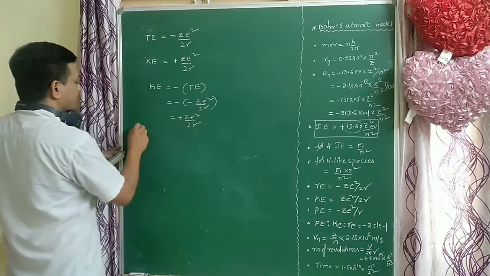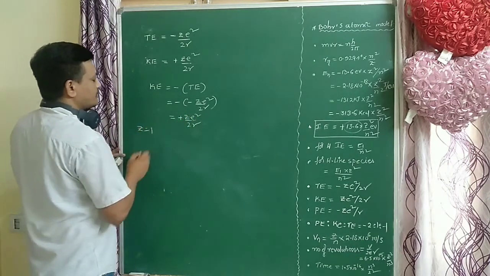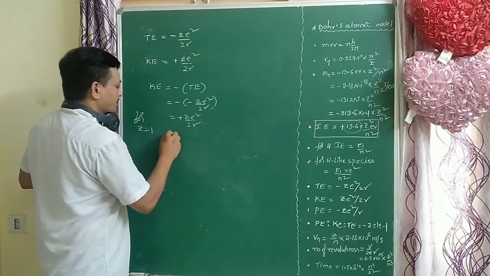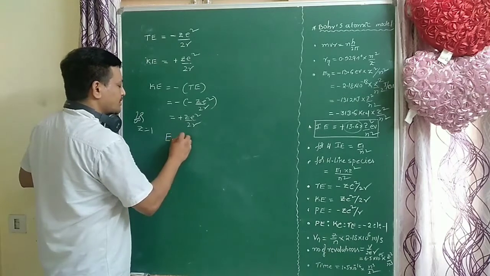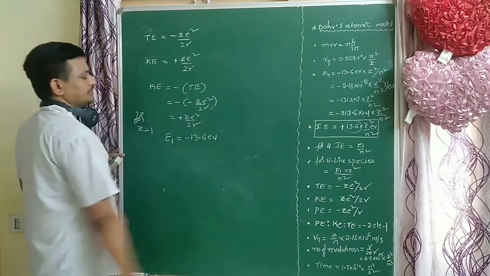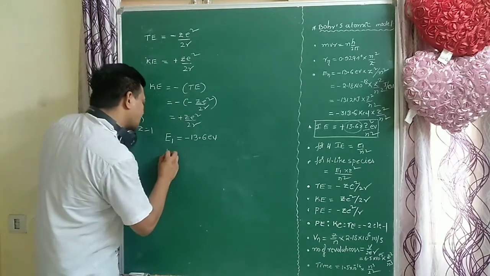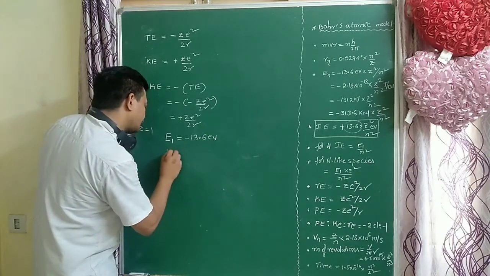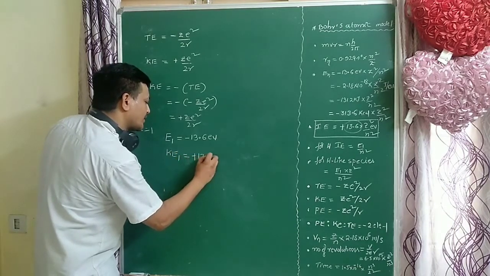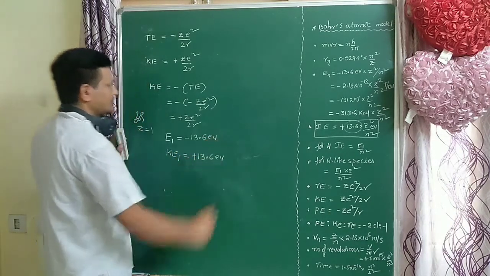For hydrogen atom, Z equal to 1, for the first orbit, total energy equals minus 13.6 electron volts. Kinetic energy for the first orbit equals plus 13.6 electron volts.